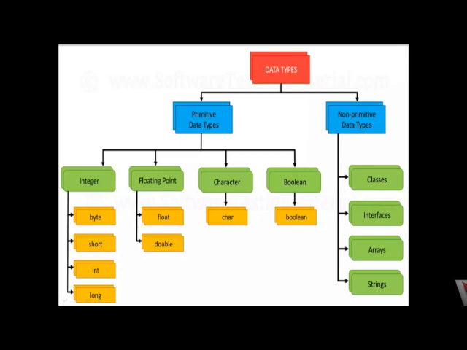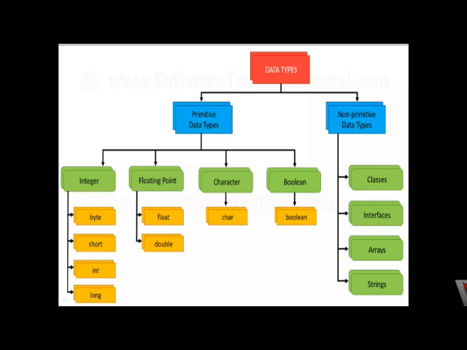When we talk about primitive data types, these data types are independent of other types, and these are basic data types like integer, floating point, character and boolean.